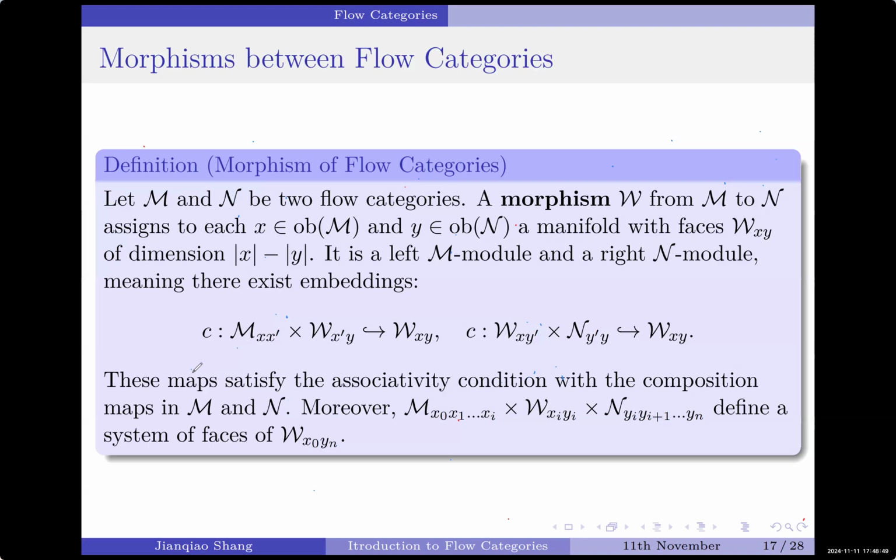I didn't write it out here, but this map satisfies associativity. So if we calculate the product here first, it is the same as calculating the product here first.